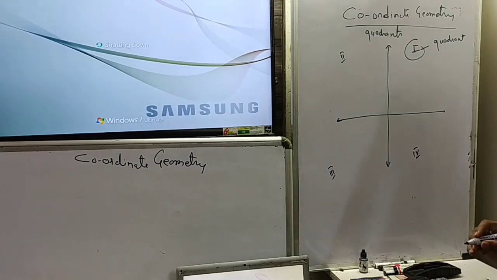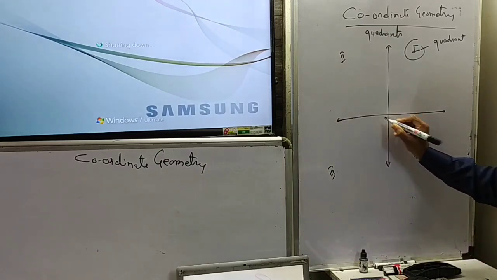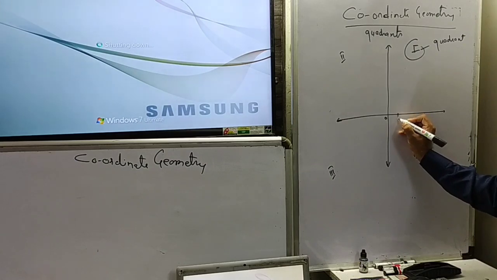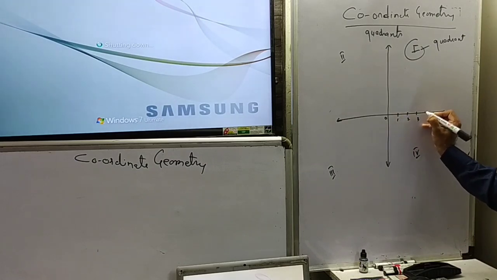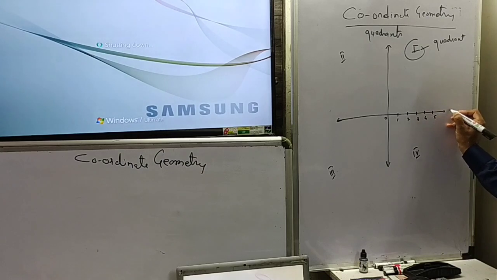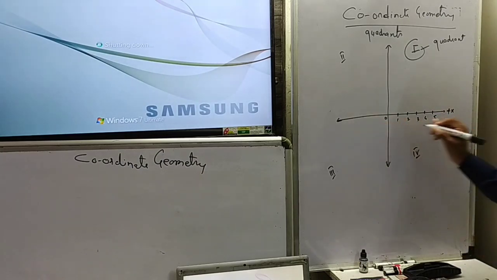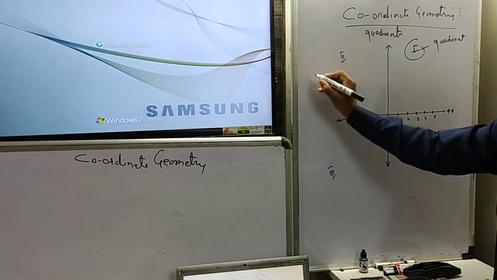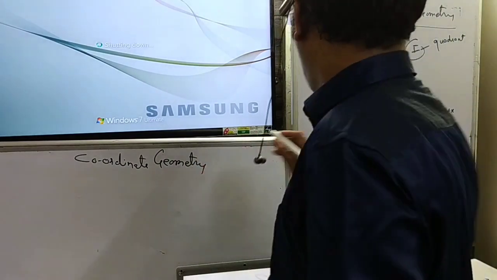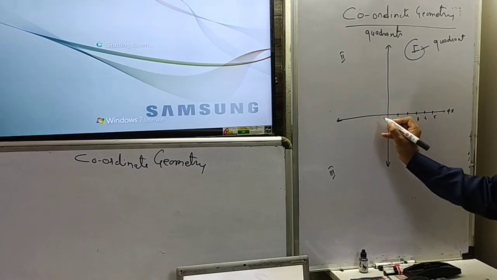Now you know how to represent integers on a number line. Suppose this is 0, then this is 1, 2, 3, 4, 5. This is the positive x-axis. This horizontal axis is called the x-axis.